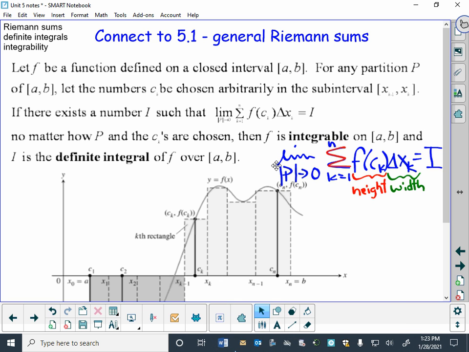Now the calculus comes in right here where we do this limit. The absolute value of P going to 0 is telling us the magnitude of the largest segment in the partition. So if we look at all the subintervals that were created, it's saying the longest subinterval, if you make so many breaks in this thing that the longest subinterval is going towards 0 as its length, you approach this particular number.